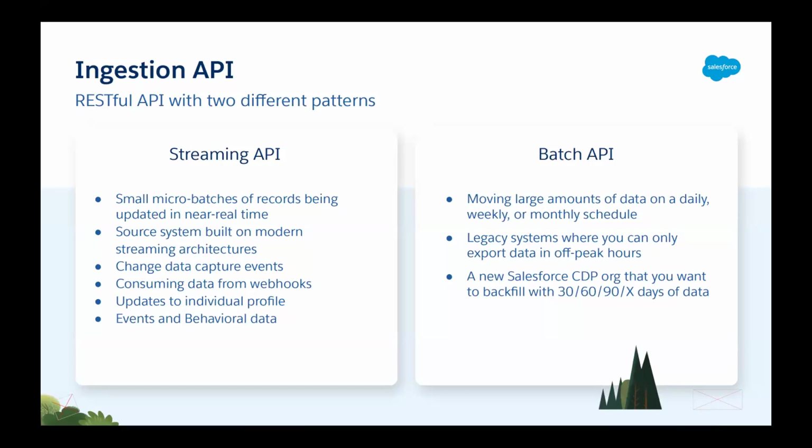On the other side, the batch API, also known as the bulk ingestion API, enables large data sets to be created, updated, or deleted in the platform, where CSV files with a file size up to 150 megabytes and 100 files per job can be imported.